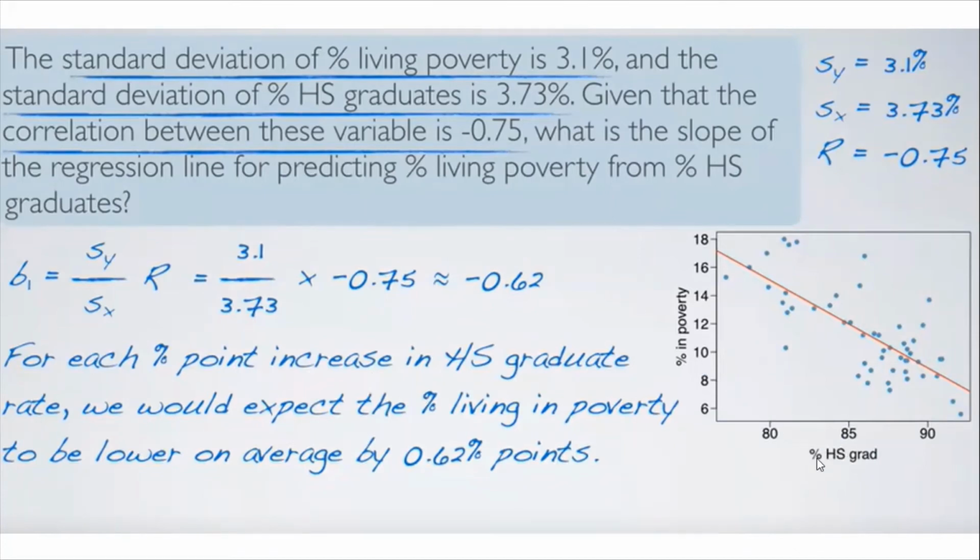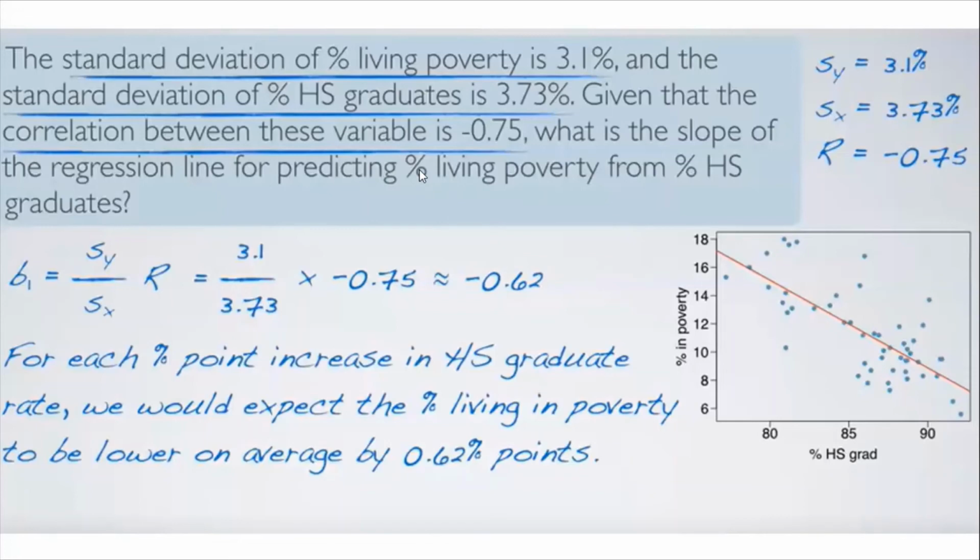If we have a one unit increase in high school graduate, what is the unit here? It is the percentage point. So each percentage point increase in high school graduate, we expect a 0.62 percentage point decrease in poverty line, because the relationship is a negative association.